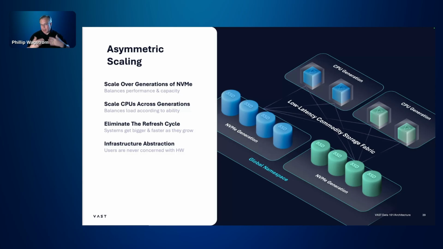When we add additional D boxes, the space available on those is available to the entirety of the cluster. As we add additional CPU and C nodes, we scale the performance up.